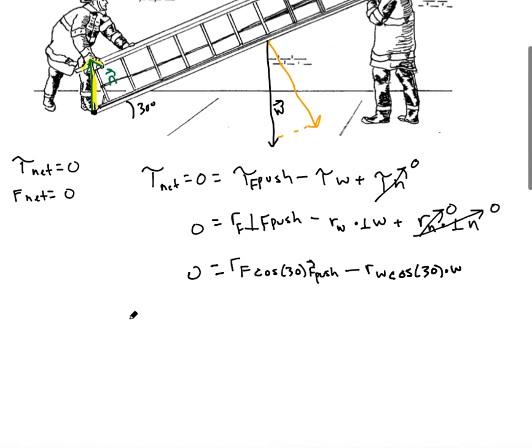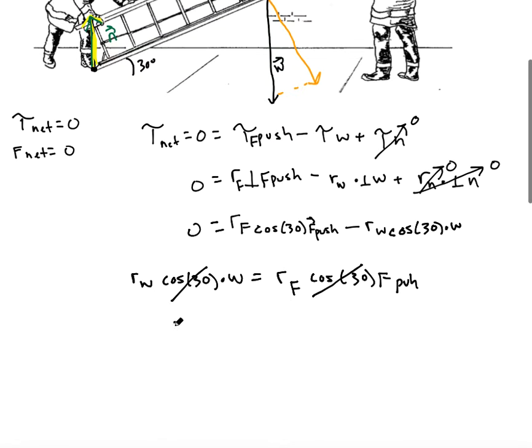So let's do some algebra and figure out what our F push is equal to. Okay, so these cosine 30s will cancel out, and we'll see that RW times W over RF equals F push.